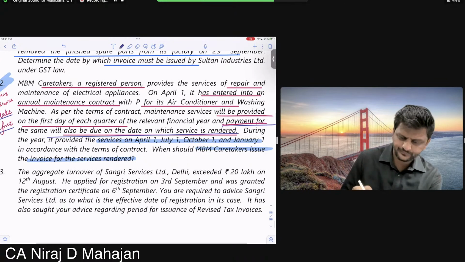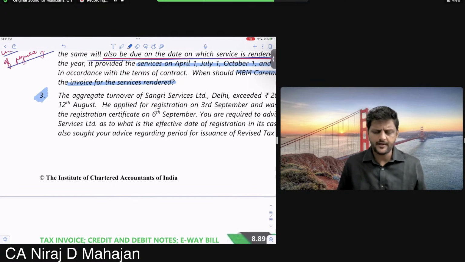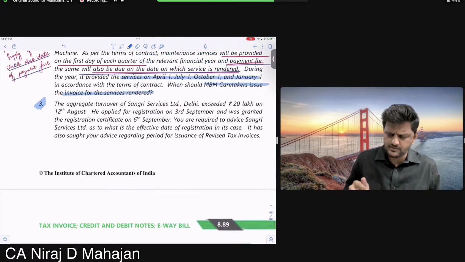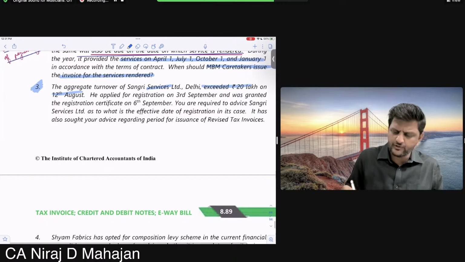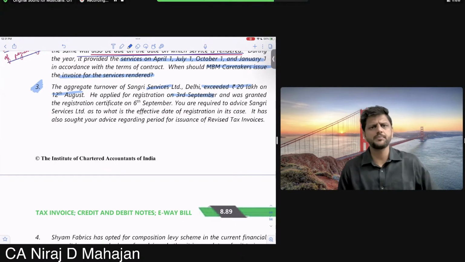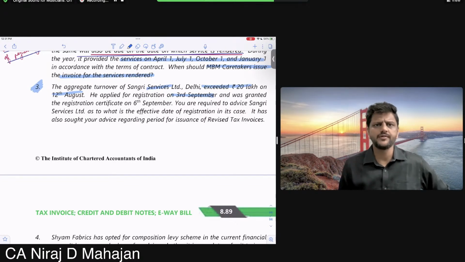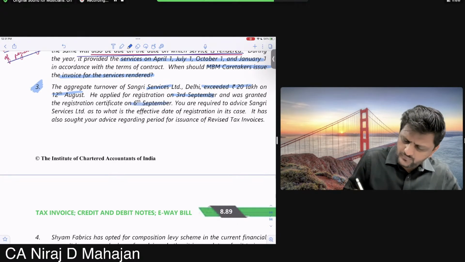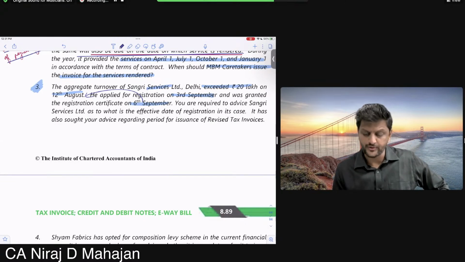Third one. The aggregate turnover of Sangri Services Limited exceeded 20 lakhs on 12th August. It applied for registration on 3rd September, within 30 days, and was granted the certificate on 6th September, which is effective from 12th August. You are required to advise as to what is the effective date of registration.